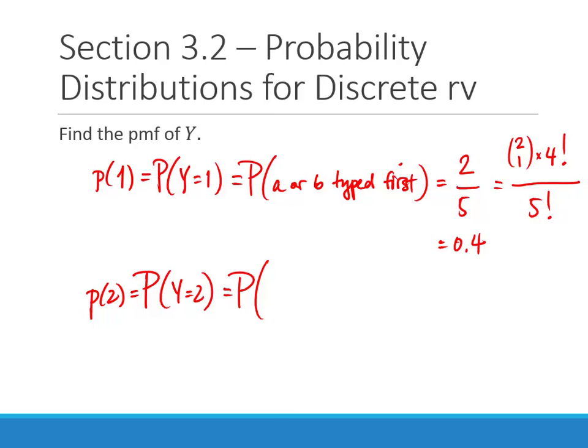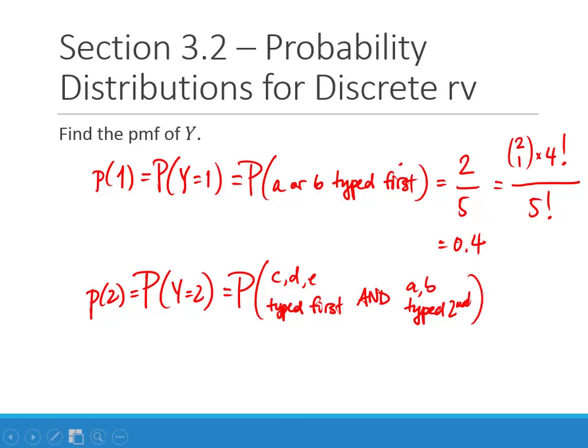It needs to be C, D, or E. Exactly right. So I need C, D, or E typed first, and then I need A or B typed second. All right, so I need to get one of the other people first, and then I need to get A or B typed in that second position.